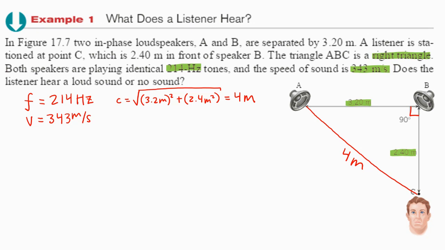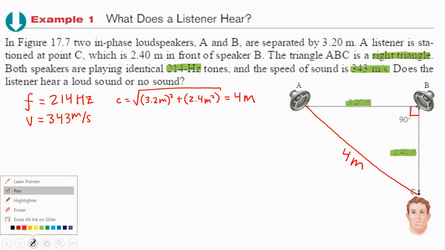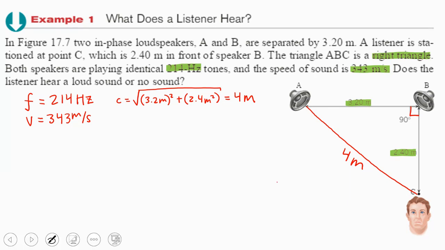So where do we go from here? Conceptually, if we are trying to figure out what that person will hear at position C, we're essentially asking, will the waves line up or will they be out of phase, canceling each other out? So when waves from A reach point C and when waves from B reach point C, we're asking ourselves, are the waves in phase?